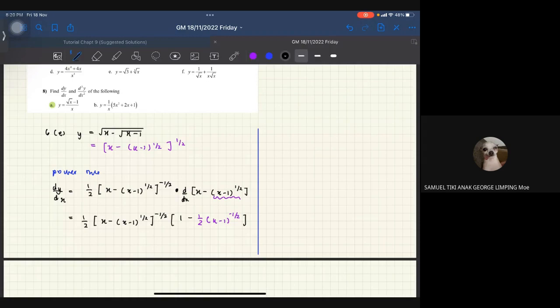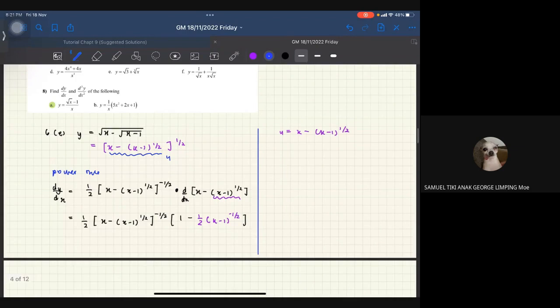Okay, so sekarang I take u equals to x minus in bracket x minus 1 power of 1/2. This one. So this is my u right now. So bila saya dah gunakan yang dalam ni jadi u, so sekarang y saya adalah apa?